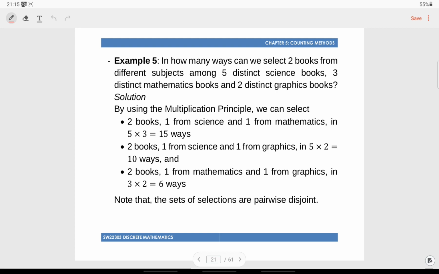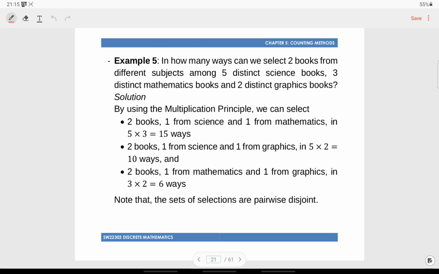By using the multiplication principle, we can select 2 books, one from science and one from mathematics, in 5 times 3 different ways, because there are 3 distinct mathematics books and also 5 different science books. So the first task can be done in 15 different ways.